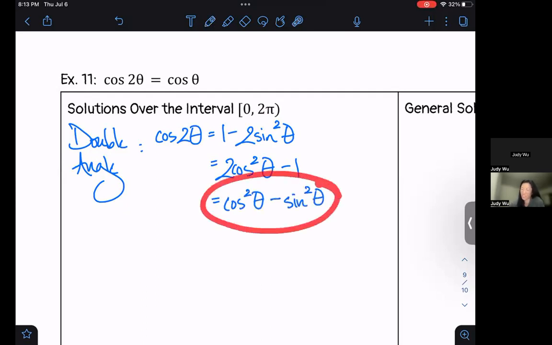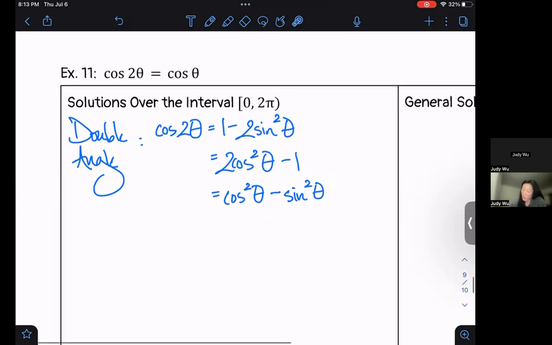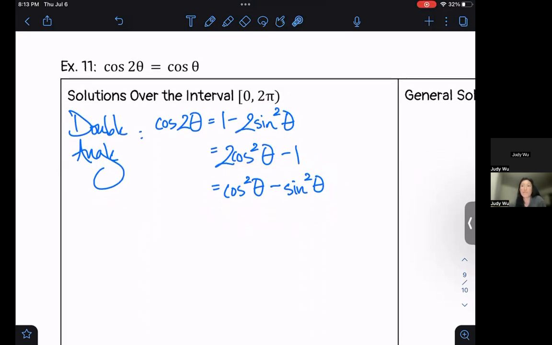All right, this is the one that looks kind of like the Pythagorean, but that minus sign there makes all of the difference. Now, I think a question that we might have is like, how do we know which one to use? There's so many options. There's 3 options. And I would say it's worth writing them out and like, let's listen to this logic. I'm going to choose this one because I have just a cosine on the other side.